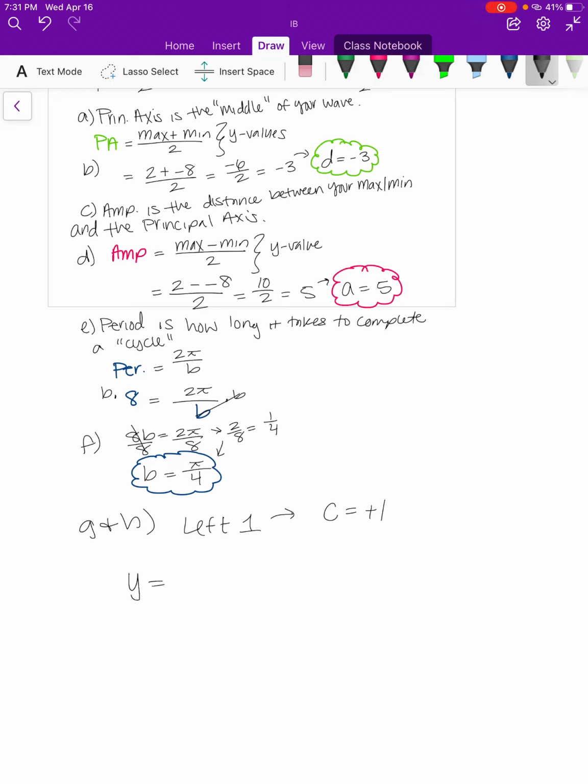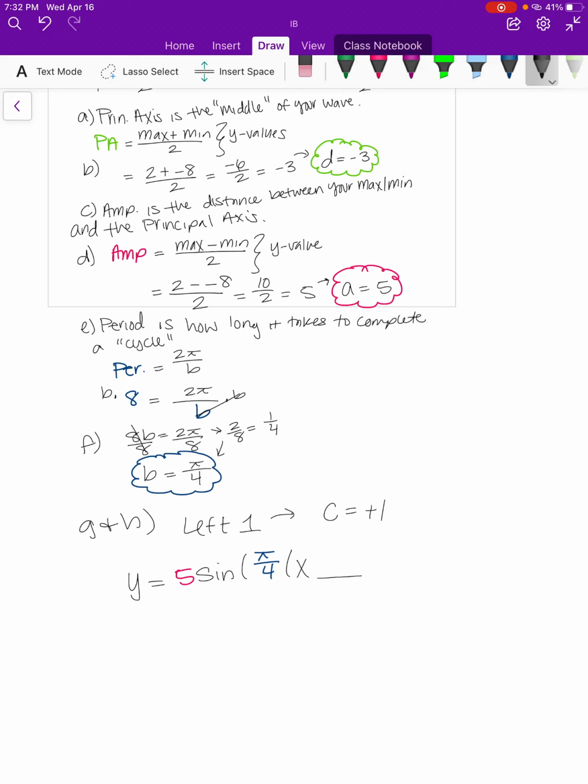So I'm going to start writing my equation. So my amplitude was 5. We know it's a sine graph. My B value was pi/4 x. Now this is where C usually goes.